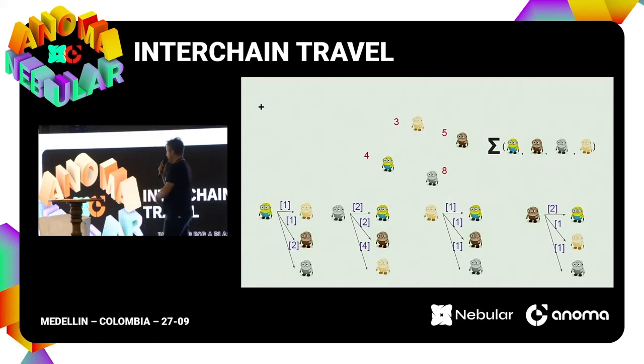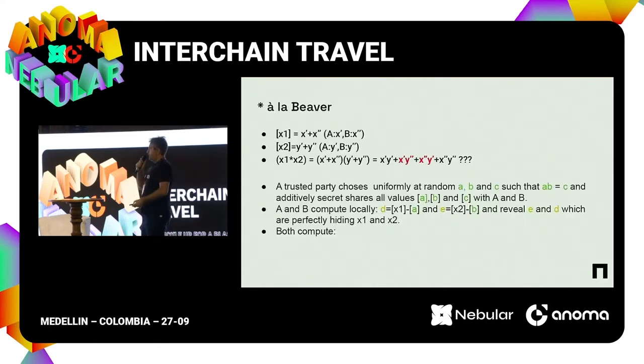That is for additions, but to do some more involved computation which involves multiplication, you need more logic in your protocol, and you need some sort of structured randomness which has been distributed to the parties in order to compute additive shares of the multiplication.